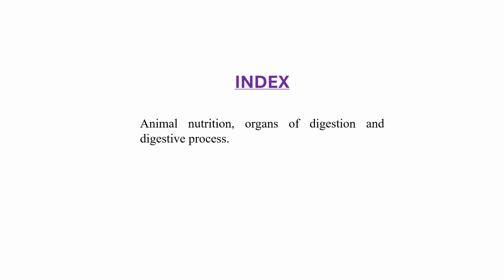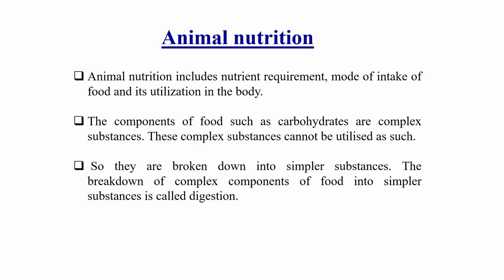In today's topic of discussion, the digestive system, we are going to discuss these points: animal nutrition, organs involved in digestion, and digestive processes. So, what is animal nutrition? Animal nutrition includes nutrient requirement, mode of intake of the food, and its utilization in our body.